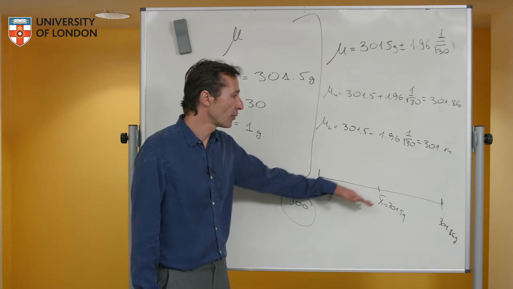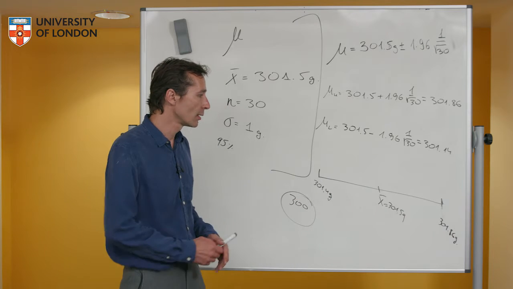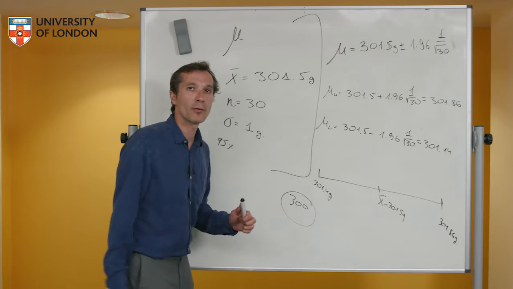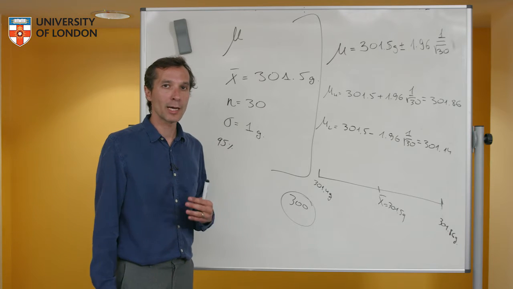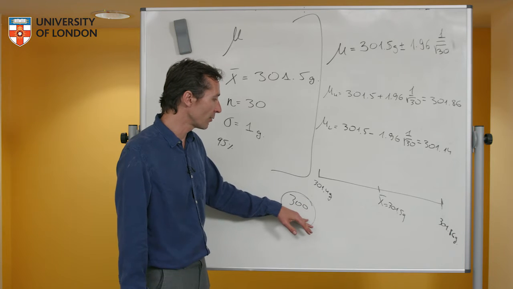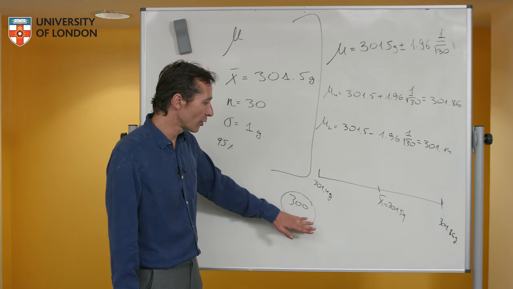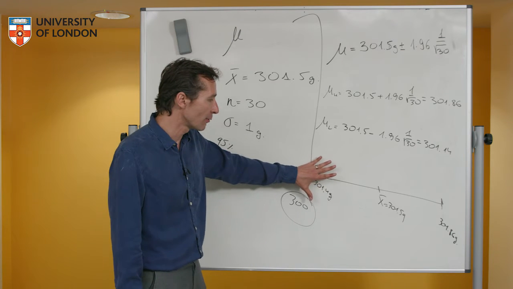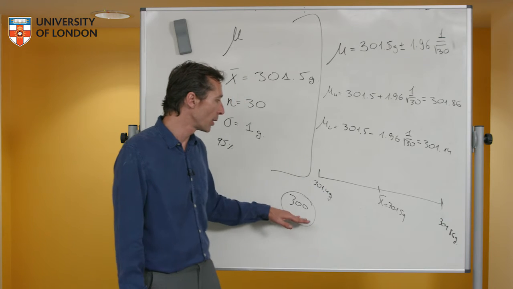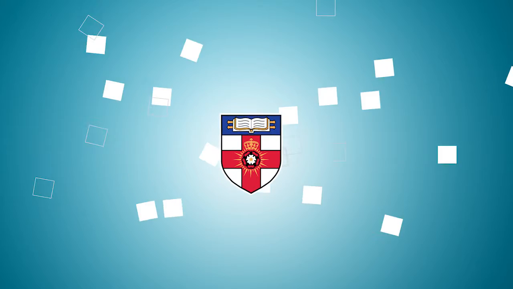However, if we find that with 95% confidence this is below 300 grams, then the producer has a problem: it may face legal suits against himself or herself in those situations. So therefore, the statistical information that is encoded within the confidence interval will be quite important to this kind of producer.